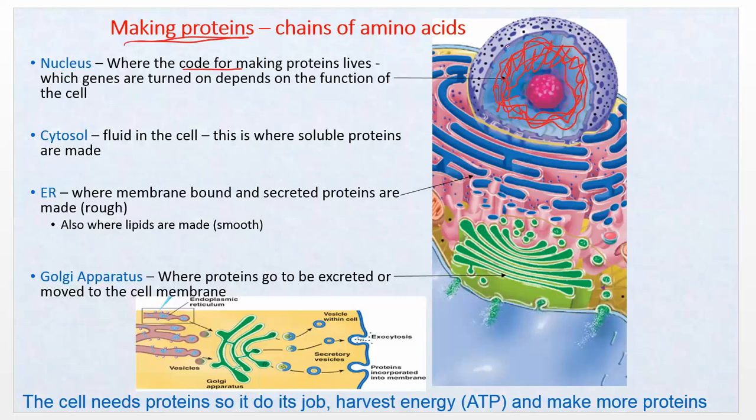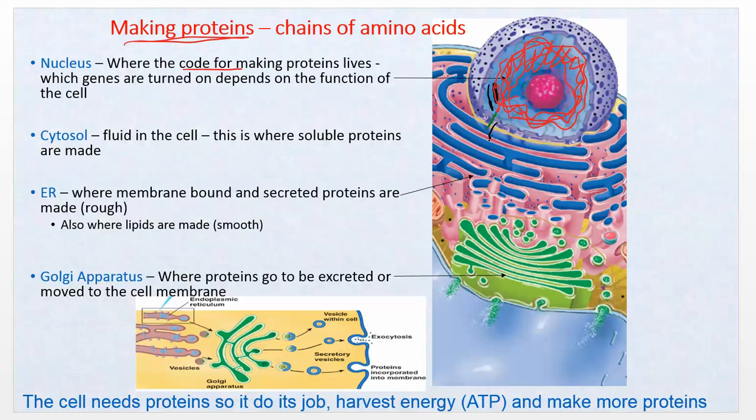And so we need to make what's called a messenger RNA copy, so we'll make a copy of a certain sequence, certain part of the DNA, so that might be a gene right there, and we're going to make a protein. So there's the code for whatever the protein it is we want to make. So we make a messenger RNA copy.